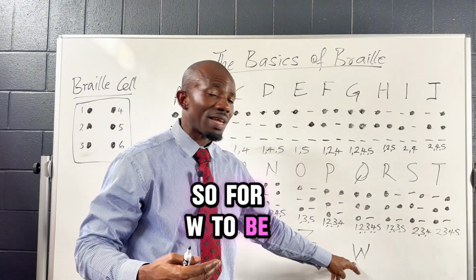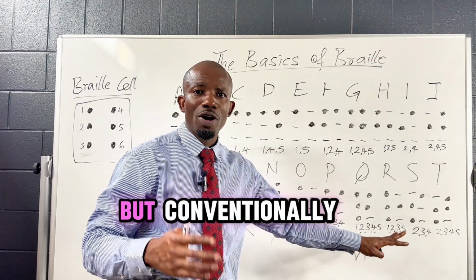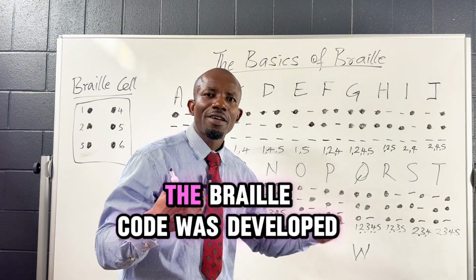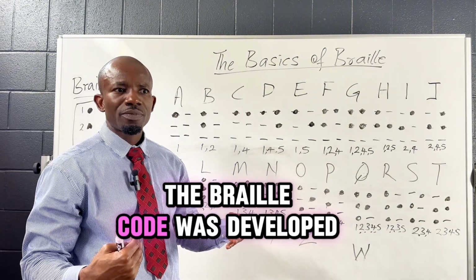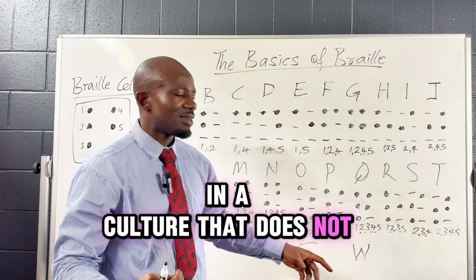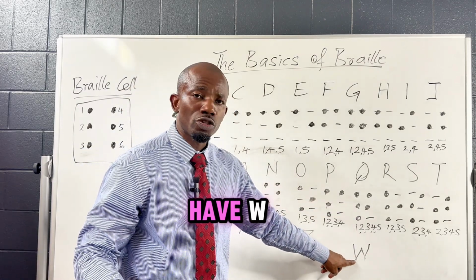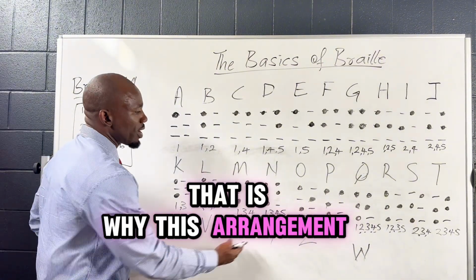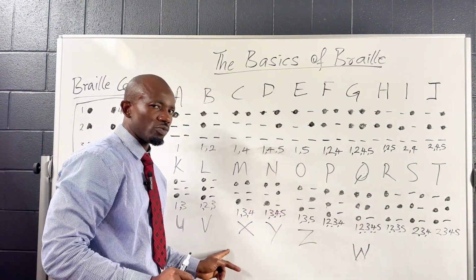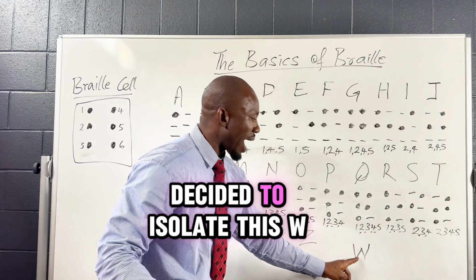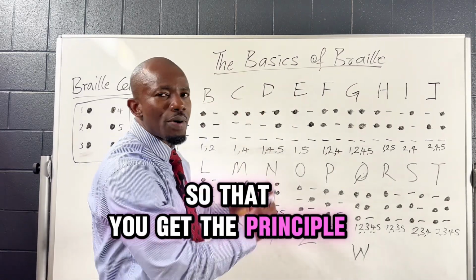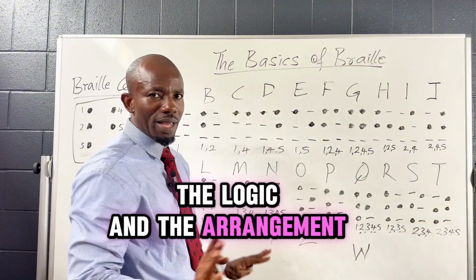So for W to be there, we have a W. But conventionally, historically, the Braille code was developed in a culture that does not have W. That is why this arrangement will help us to understand it better than putting W. That is why I have decided to isolate this W so that you will get the principle, the logic, and the arrangement.